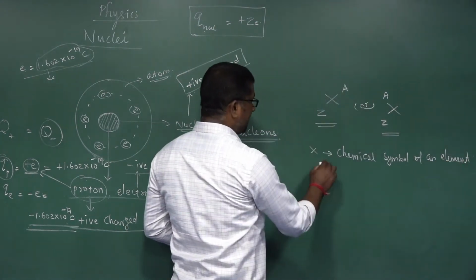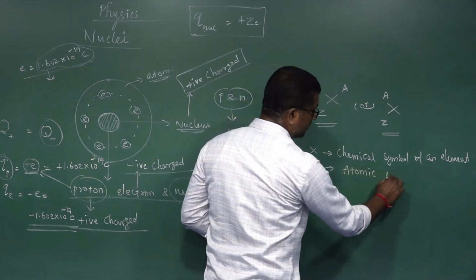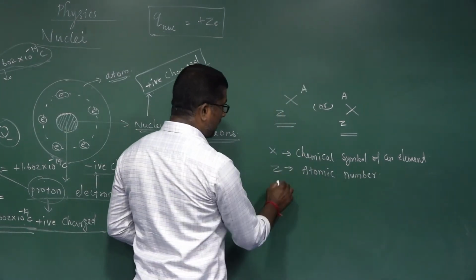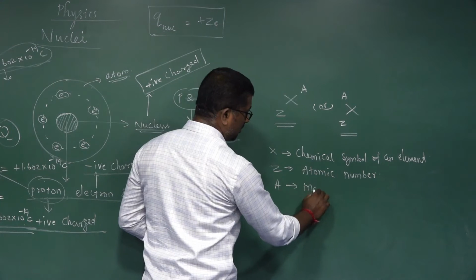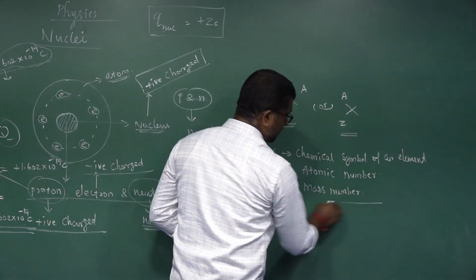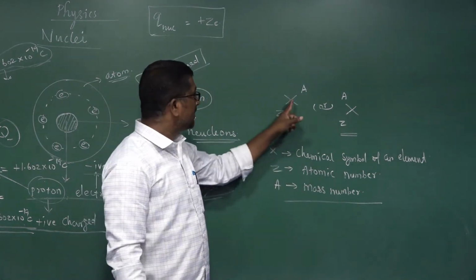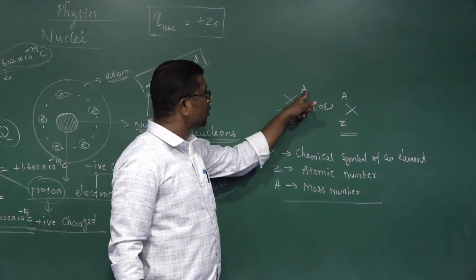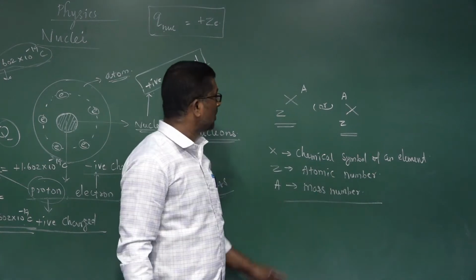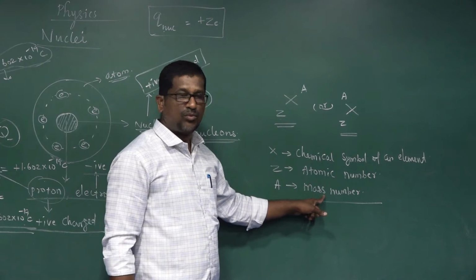The nucleus of any element is represented by the symbol X with subscript Z and superscript A, right? Here X stands for the chemical symbol of the element, Z is the atomic number, and A is the mass number, right?